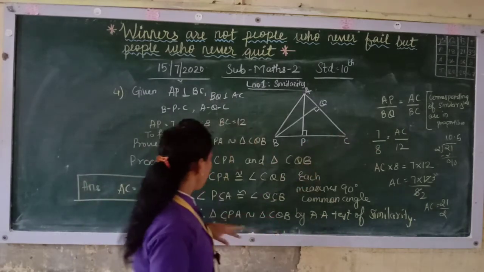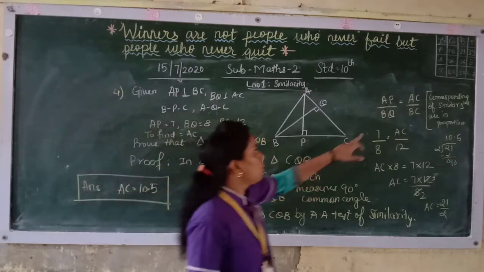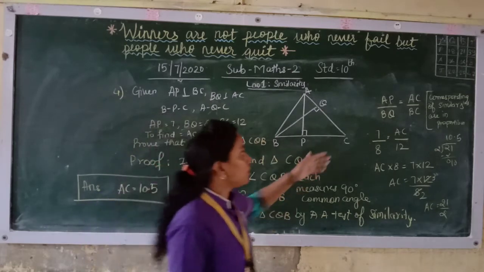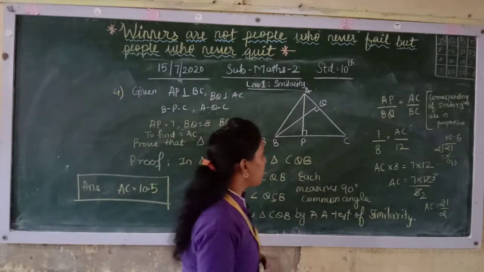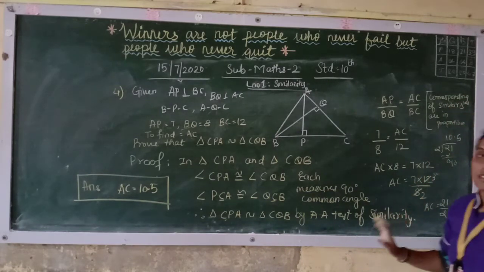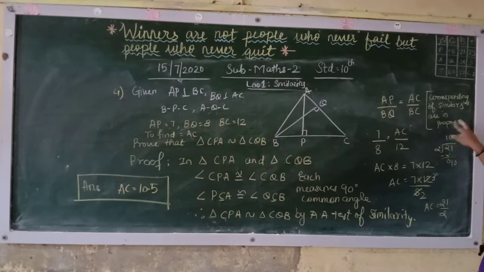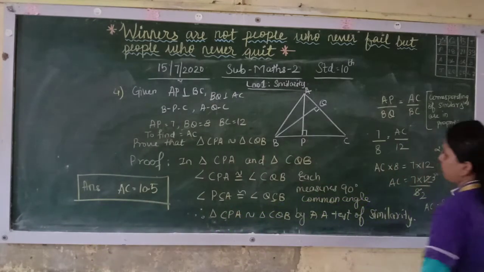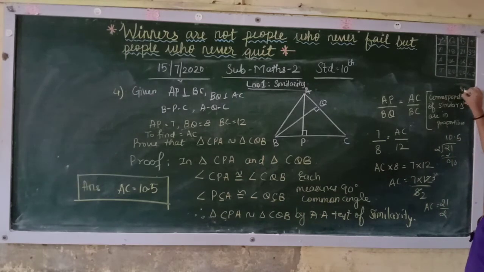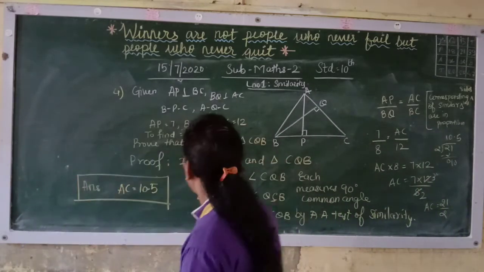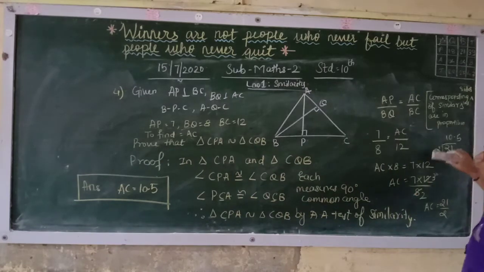Now AP belongs to CPA, BQ belongs to the other, because for both the triangles you have to take the corresponding sides in proportion, because similar triangles have their corresponding sides in proportion. I have not written it, sorry. So you have to write here: corresponding sides of similar triangles are in proportion. So this is how we have done the fourth sum.